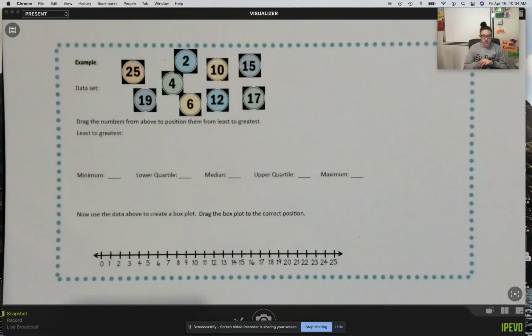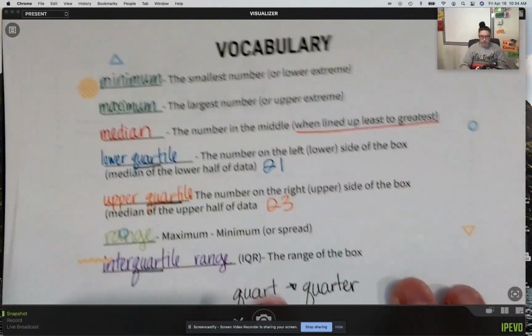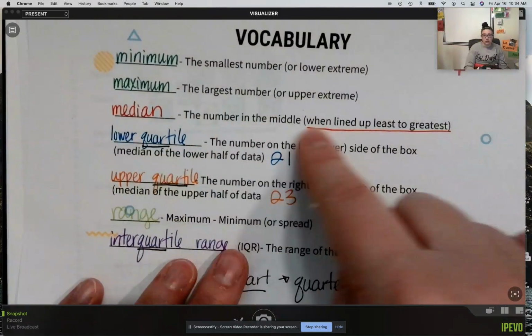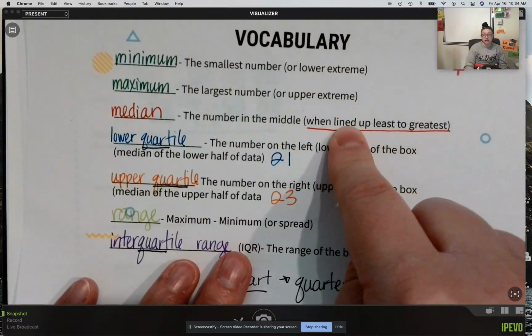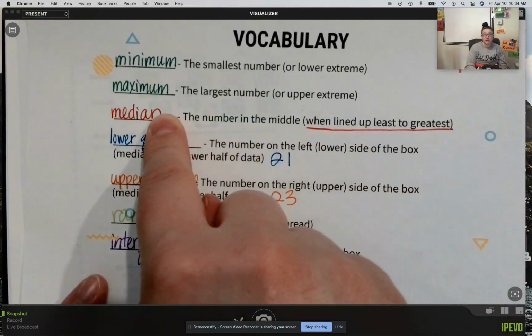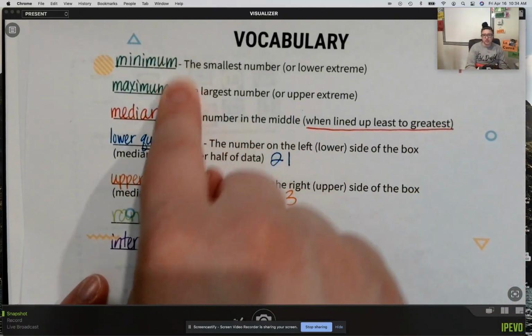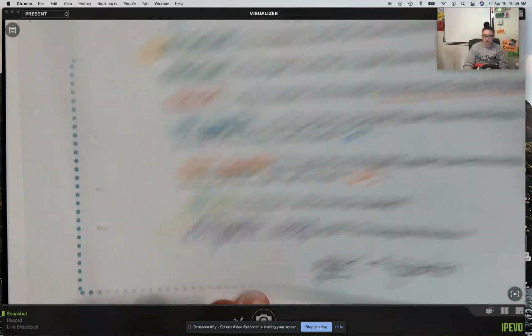So first, like we talked about before, when we're trying to find the median, we need to line up these numbers least to greatest. That's going to help us find the median, the maximum, and the minimum. Those are the first parts we want to look for.